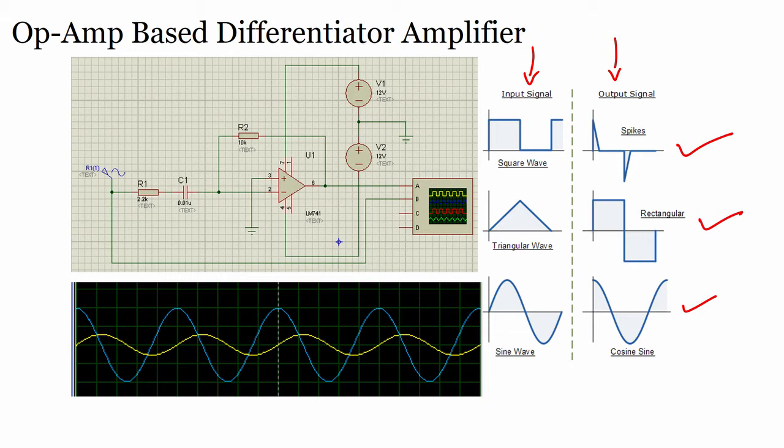If you want an output signal as spike, and I give a square wave as input, then I can get spike. Where I can use spike is a different case; where I want to use the rectangular wave is a different case; where I want to use cosine wave is a different case. But the point is that you can also do a similar kind of study using PSpice and understand and perform the experiment if you do not have a breadboard with you.